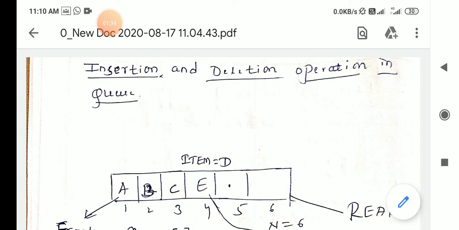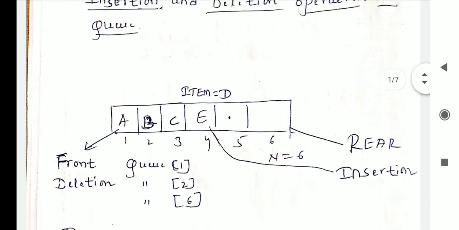Next we will discuss how to use a queue with insertion and deletion operations. First we will discuss one general example of a queue, and how you are going to represent it.